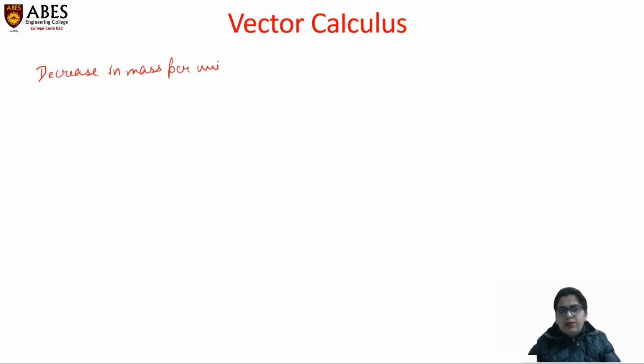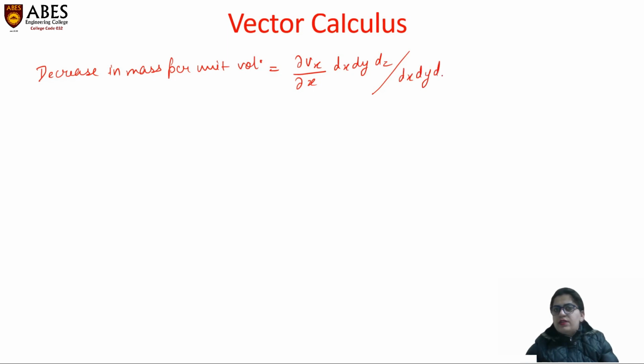per unit volume can be calculated by dividing this component, that is dx dy dz, by the volume of the parallelepiped we have considered, that is this. So this component will cancel out and we will be left with this along x-axis.